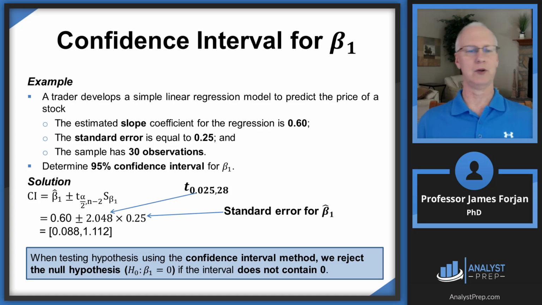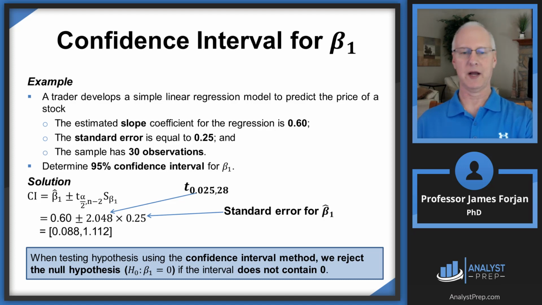The way I would do it is I would put the 0.6 in the memory, and then I would do the plus or minus on the right side, and then I would do 2.048 times 0.25, and then I would add it to and subtract it from the memory, and so you get 0.088 to 1.12.